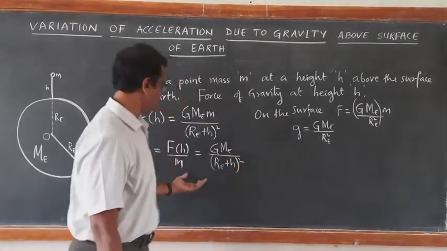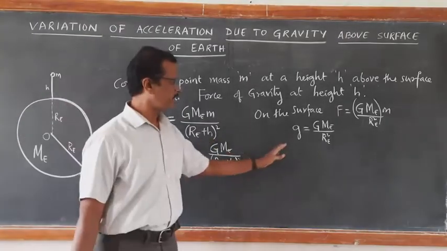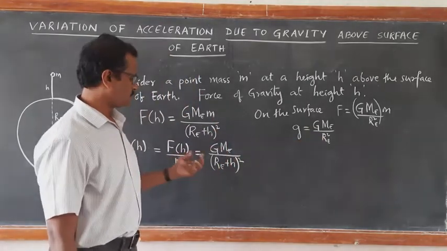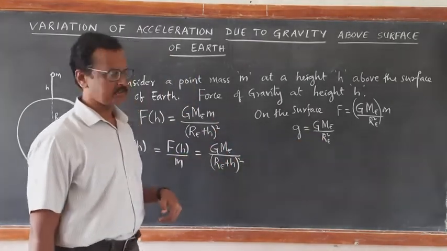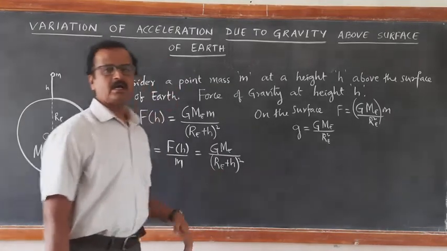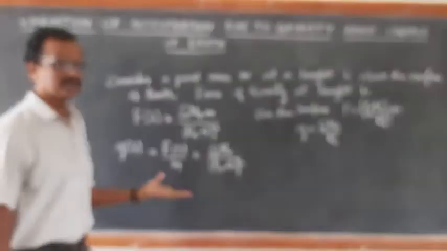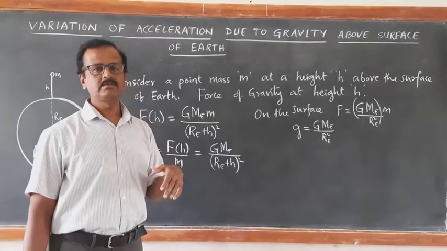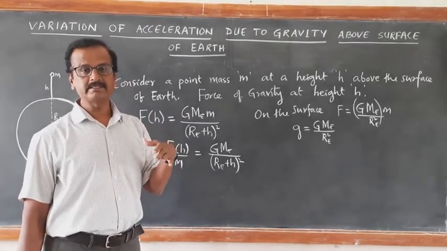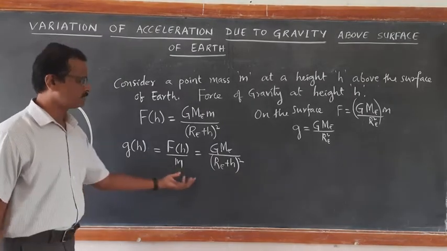Definitely, gh will be lower than g at the surface of the earth. Right? That depends on this height h. Now, if the height is comparable to radius of earth, half the radius, or double the radius, triple the radius, then we can apply this equation directly and we will be able to get the result.